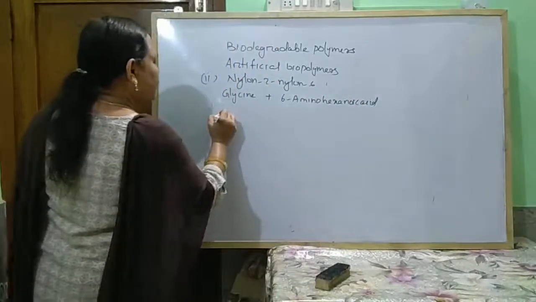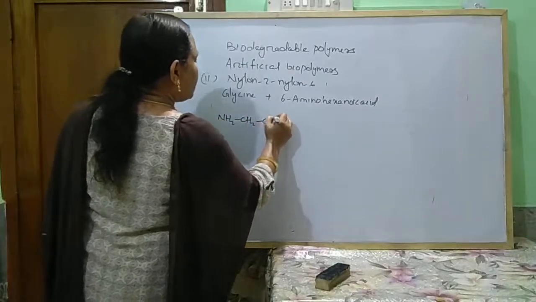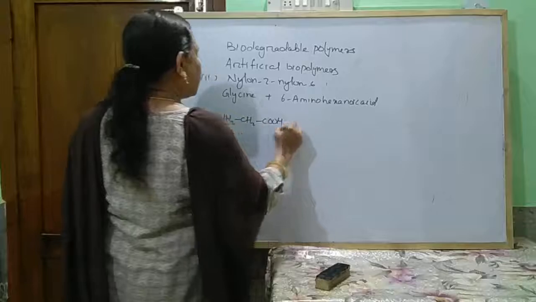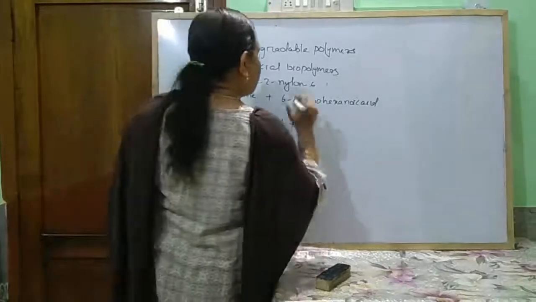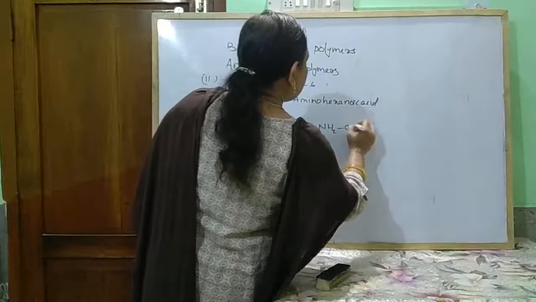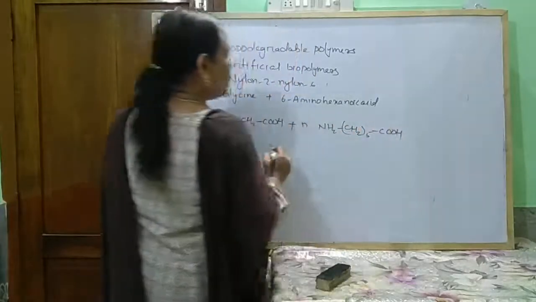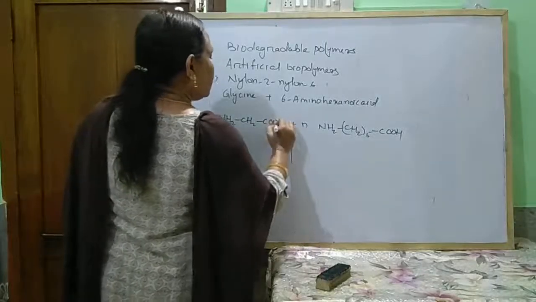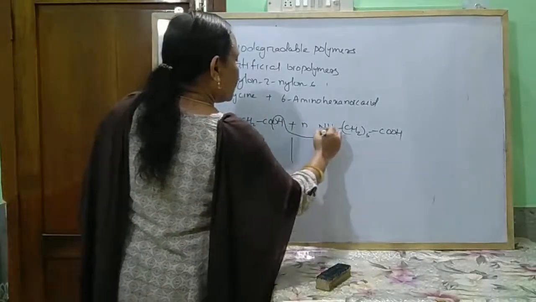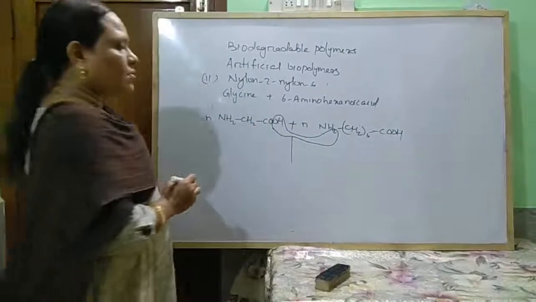So glycine, NH2, CH2, COOH, n moles of this plus n moles of NH2, CH2 whole 5, COOH. Here the OH of the acid and the H of this amine group react to form water.